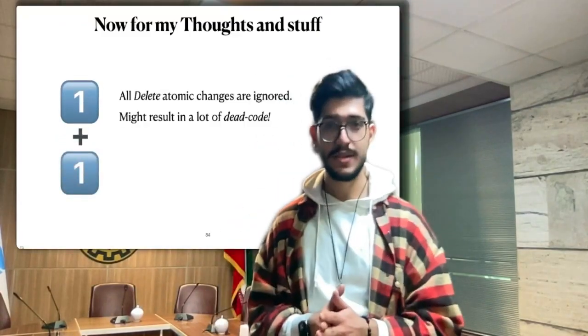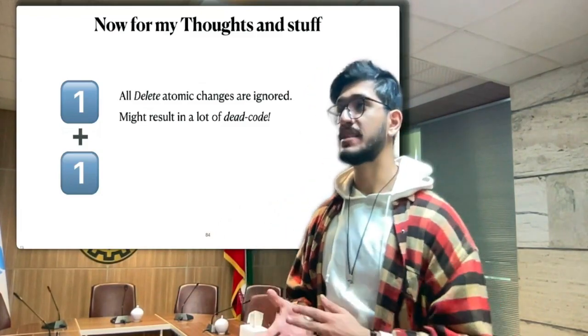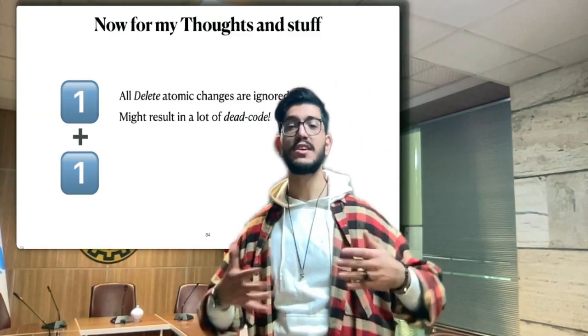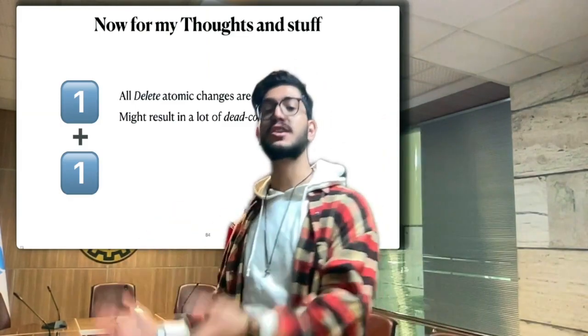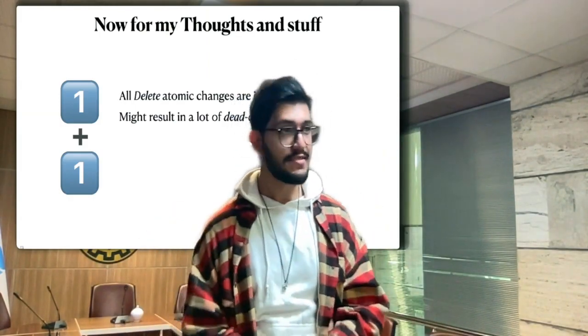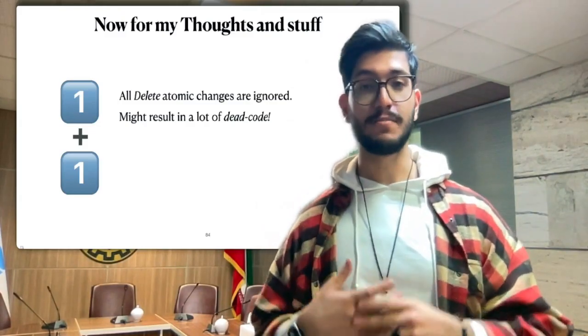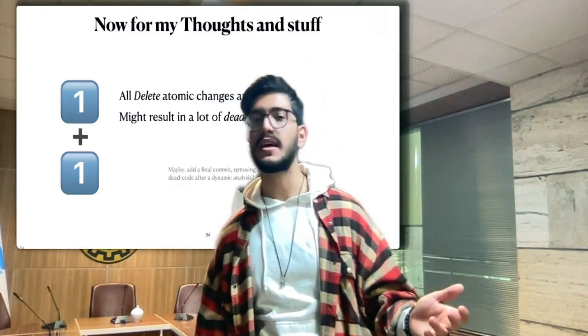Okay, the second one is that all delete atomic changes are ignored, which will definitely produce a lot of dead code. So for example, we might want to use this functionality to import our desired changes from feature branches into the production branch. And we definitely don't want a lot of dead code on our production branch. So that's why it might cause a lot of problems. I actually have a solution for this.